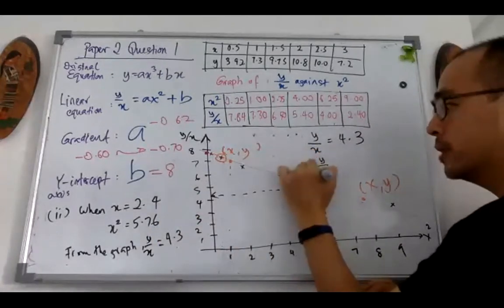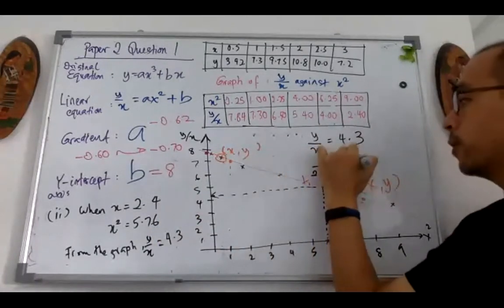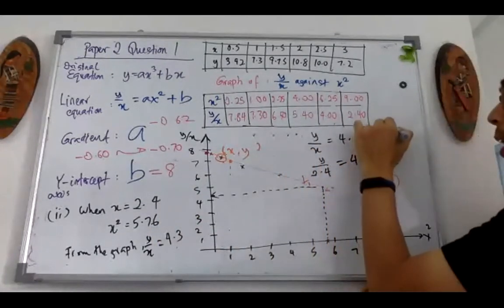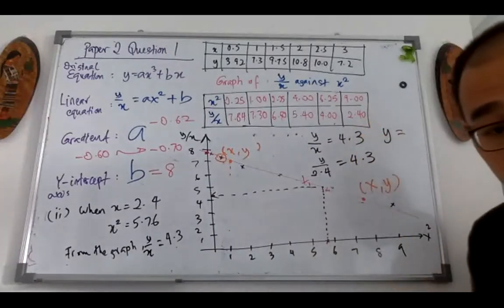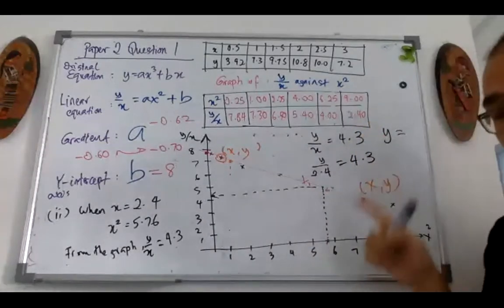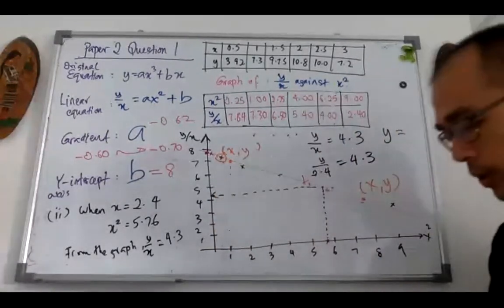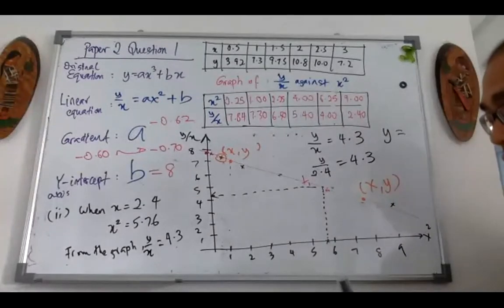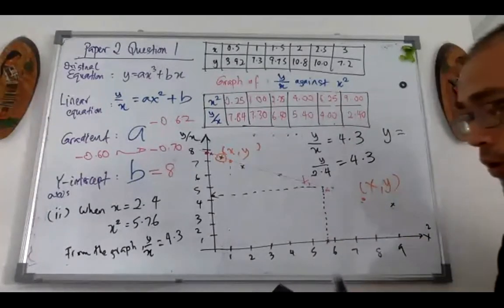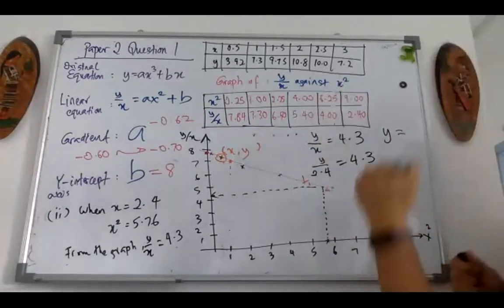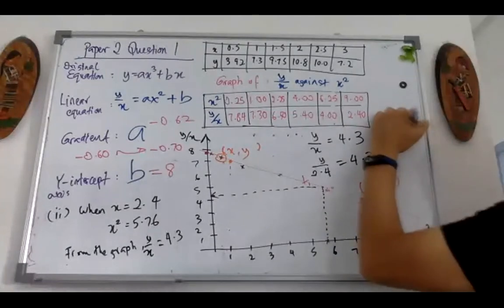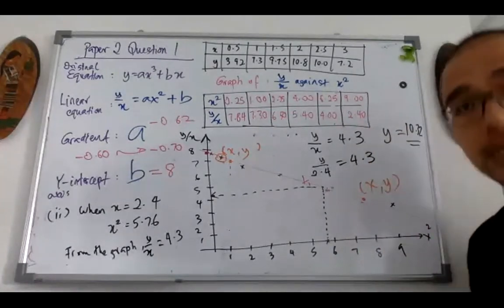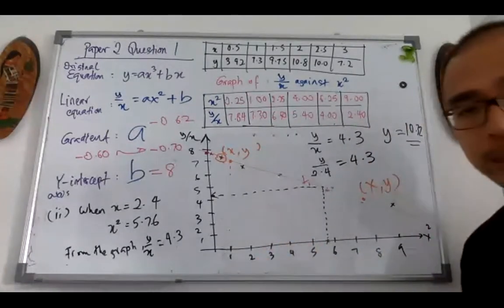So y over 2.4 equals 4.3. Therefore, I get y equals 4.3 times 2.4, so you get 10.32. And that's how you get the full 10 marks.